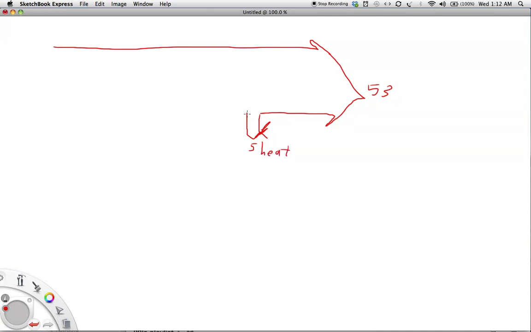The other one is friction. Friction is 15%.